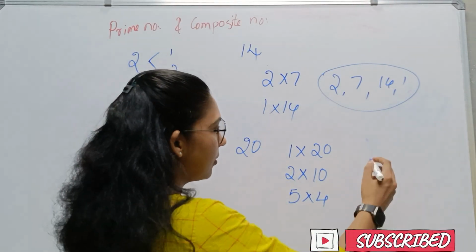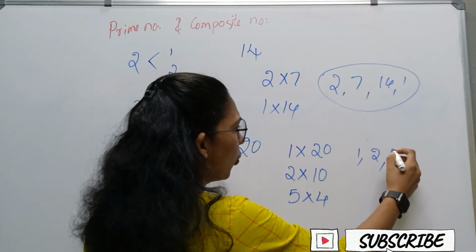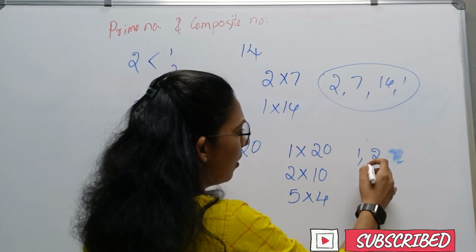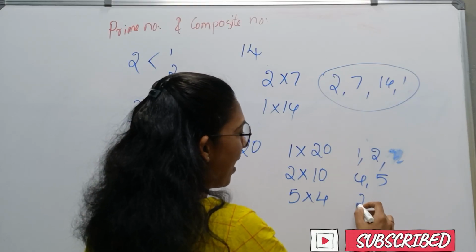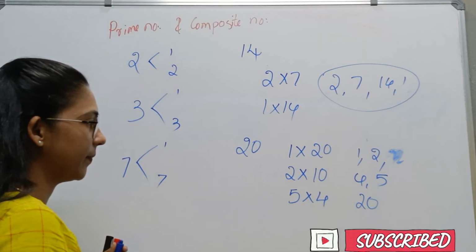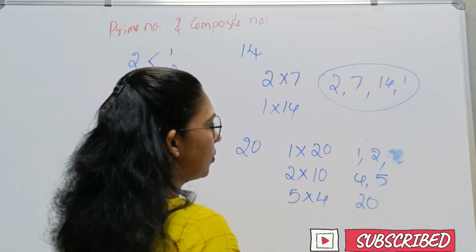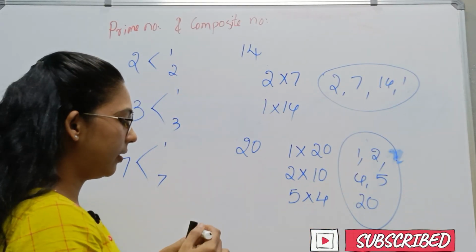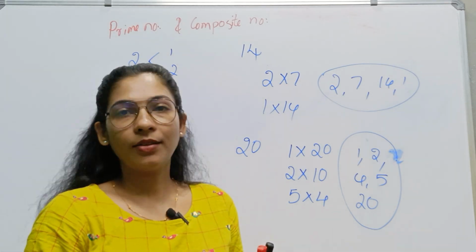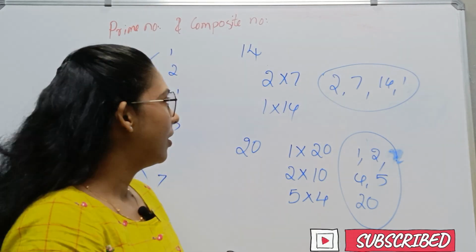So what are the factors of 20? They are 1, 2, 4, 5, 20. So those are the factors of 20, and it's clear that 20 is also a composite number. Hope it is clear for you.